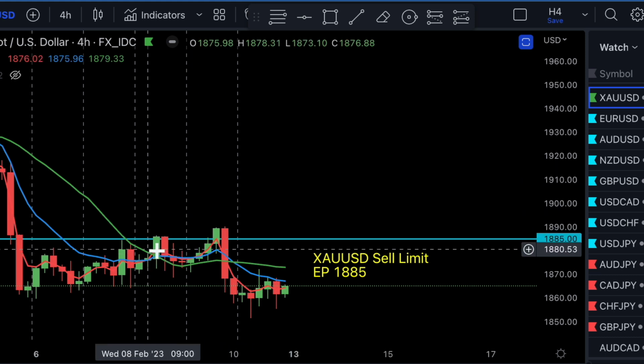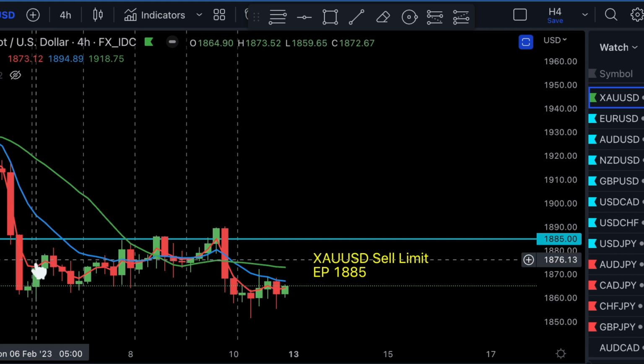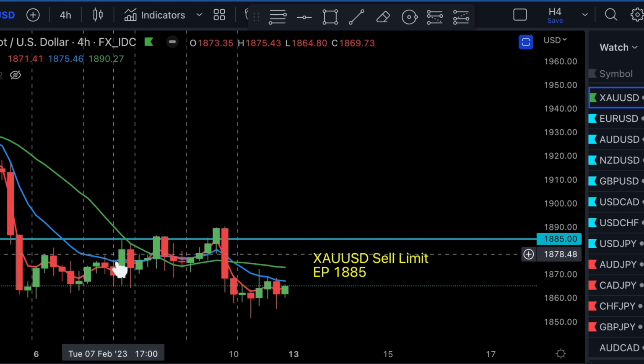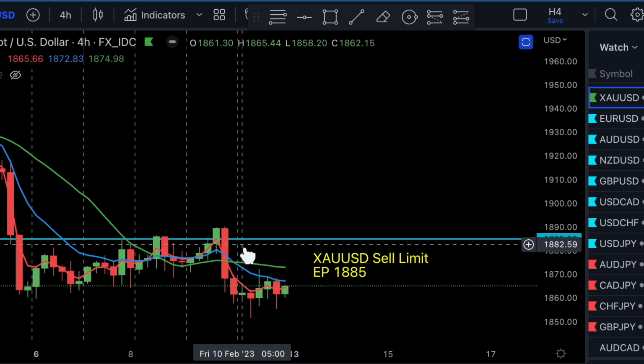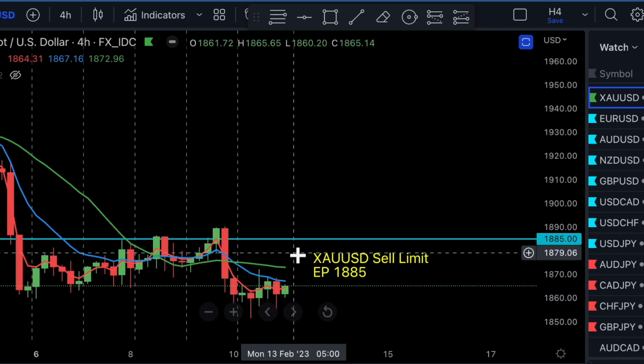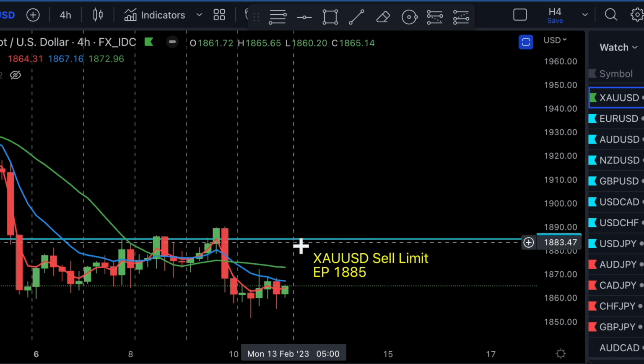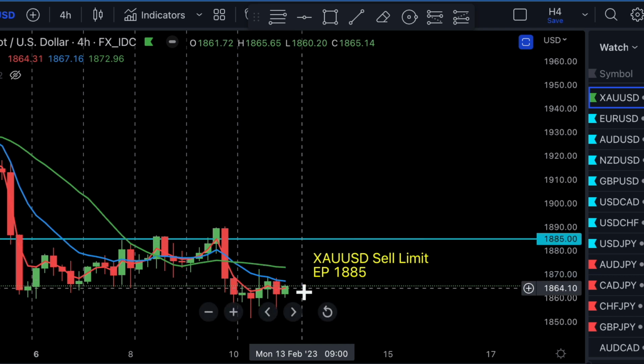You see that's been bouncing off of that all week long. It's just been sideways in a very, very tight range. So be cautious. Gold is not something you can hold for a long, long time. Just let it retrace back to 1885, take a sell order, and then if you can get 50 or 100, 150 pips, that will be a fantastic trade.